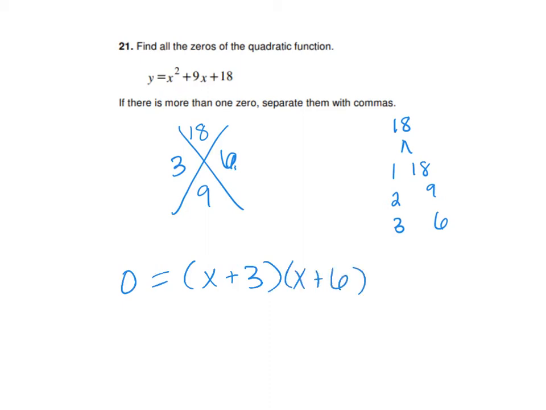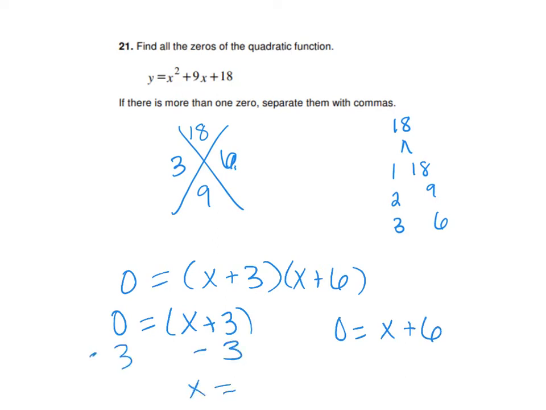Then because of the zero product property, I'll set 0 equal to x plus 3 and 0 equal to x plus 6. Subtract 3, x equals negative 3, and I'll subtract 6, and x equals negative 6. So your answers are x equals negative 6, negative 3.